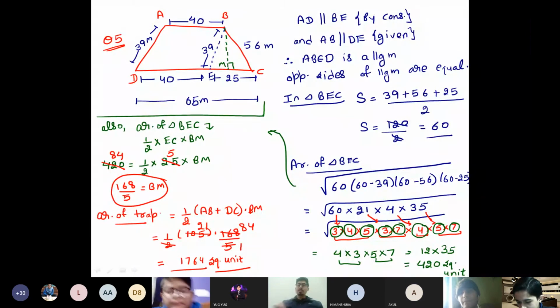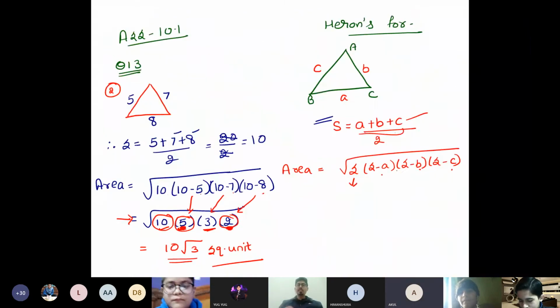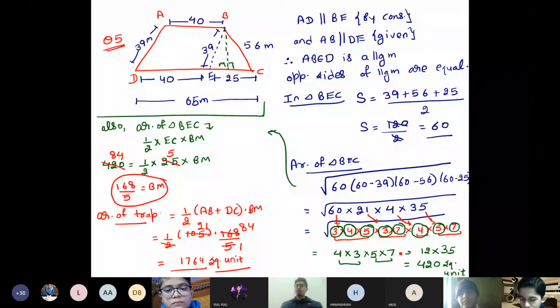Like in the previous question, 3 is left out without pair, so I put it as it is. But in this question, all are making pair, so I can find it out like this. Is it clear?